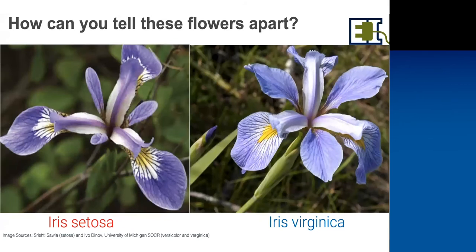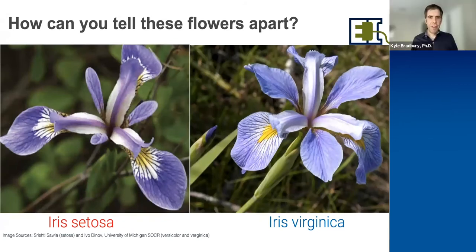They might have different lengths, different widths. The coloration might be a little bit different. There are a lot of descriptors that might be some good characteristics to distinguish this Iris setosa from this Iris virginica.